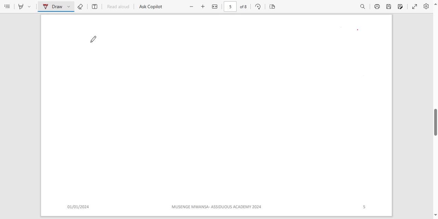Okay. Let's say we want to simplify. They have given us that A is a subset of B. And then you want to simplify the following. Let's say I want to simplify A intersection B union B union A complement.